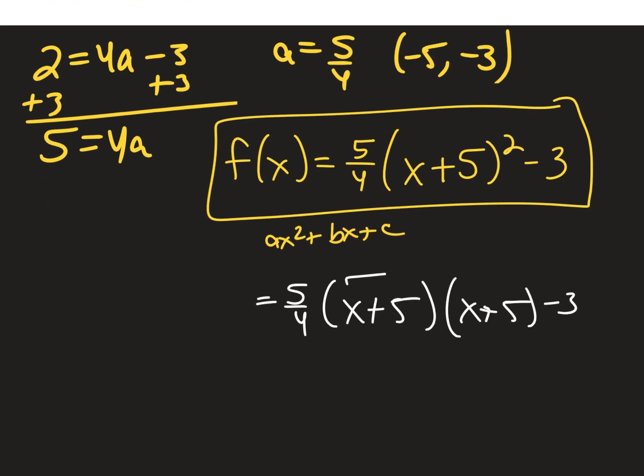You FOIL this. Then do what with the 5/4? Distribute it, and then what? Subtract 3. Just doing algebra. That's it. But 90% of the time, they're not going to ask you to do that. They're going to either say, find the vertex, put it in standard form, or if you're in this form, go to the other one.